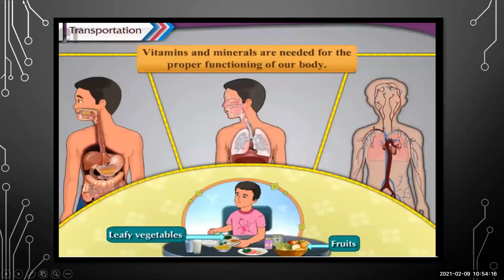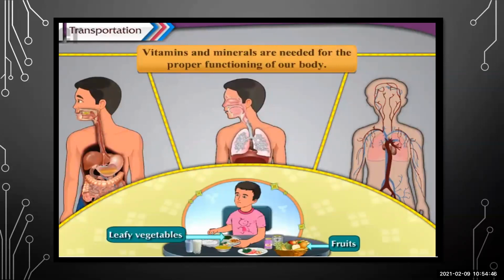Now, here we can see vitamins and minerals are needed for the proper functioning of our body. Yes, we agree that vitamins and minerals are needed for the proper functioning of our body. In this picture, we can see leafy vegetables and fruits. When we are eating healthy food, then only are we getting the vitamins and minerals in proper proportion to our body.